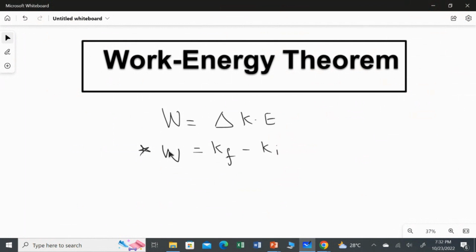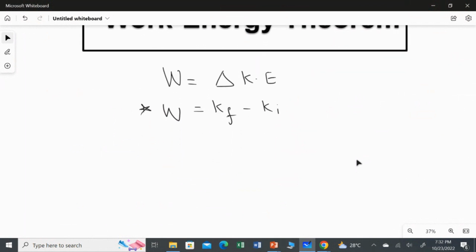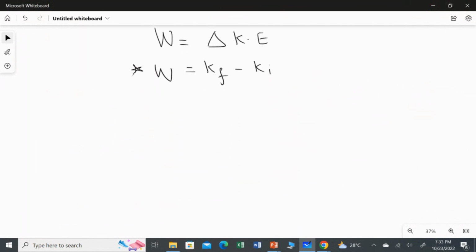For explaining the relation between the work and the kinetic energy, I'm going to use the third equation of motion with constant acceleration, which is given by v squared equal to v naught squared plus 2 a delta x.